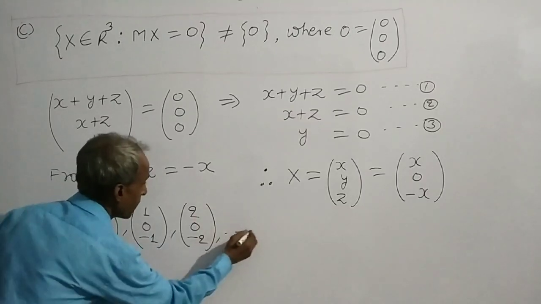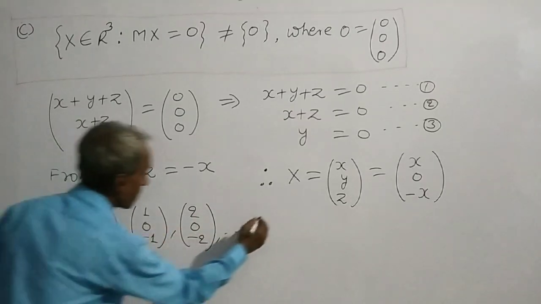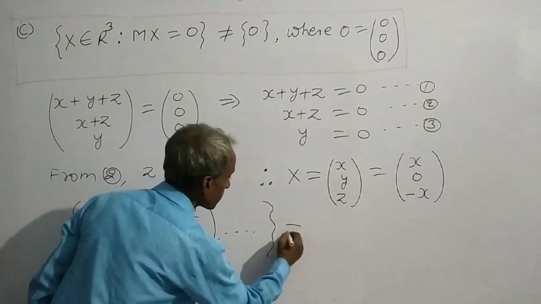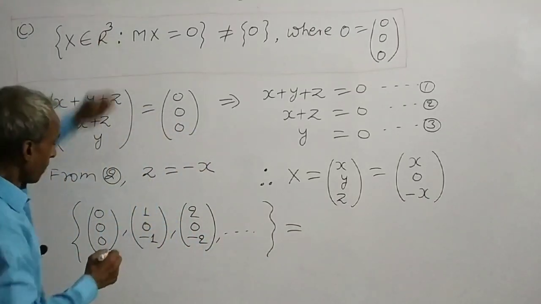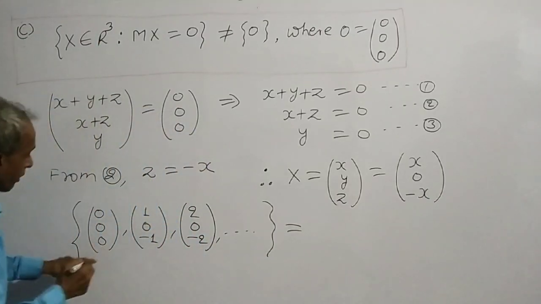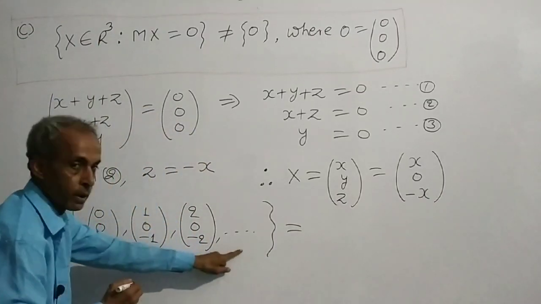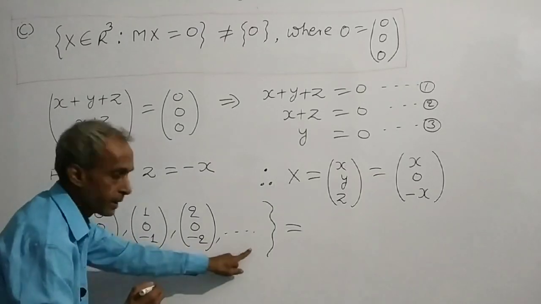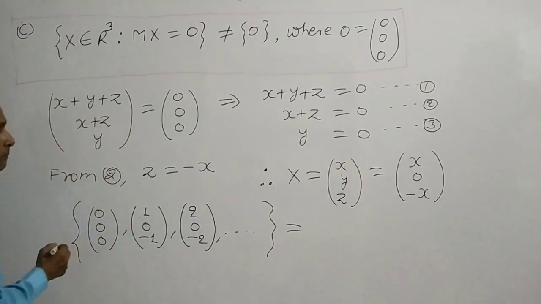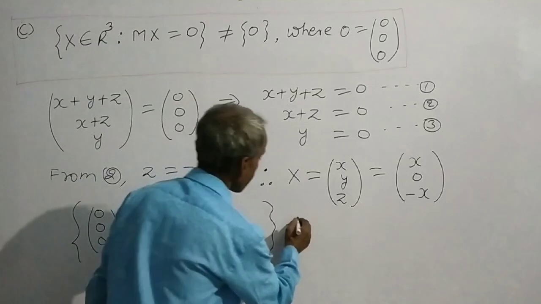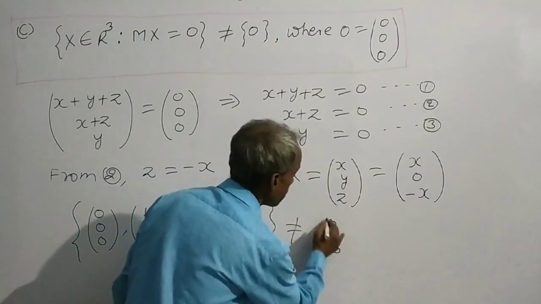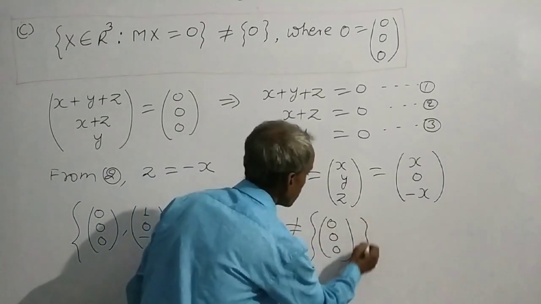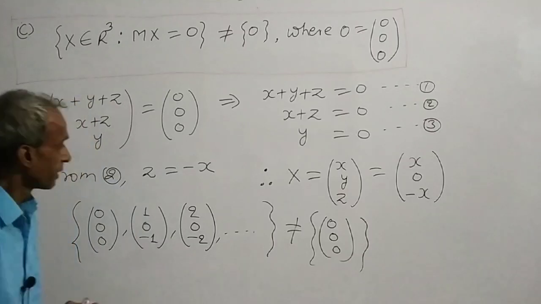In this way, there will be infinite number of matrices. And in this set, all this type of matrix will be element of this set. But in this set, there is only one element. This is 0 matrix.